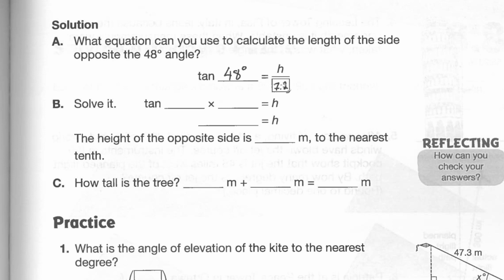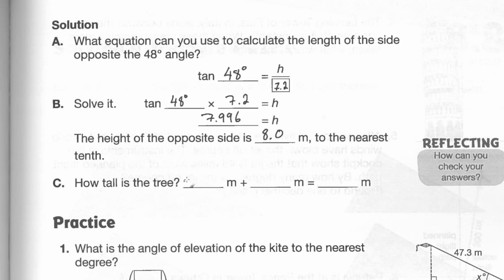To solve it, I just need to multiply both sides by 7.2, so I have tan of 48 degrees multiplied by 7.2 meters, which will give us the height. When I put that in my calculator, I get the answer of 7.996, which we're supposed to round to the nearest tenth. It is 8.0 meters.